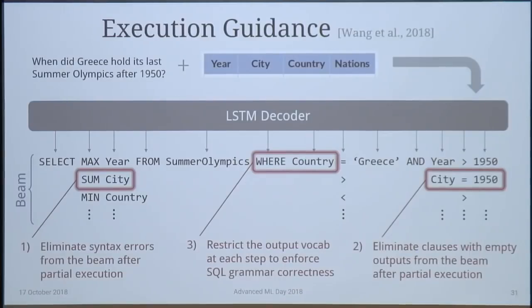Another instance of this is, SQL actually, like any language, has a grammar. At any point of time, as you are generating the program, you can look at the last token and say, OK, based on my grammar, I know which tokens can appear at the next position in principle. Like I just generated where, the next thing must be a column name. It cannot be some other operator.